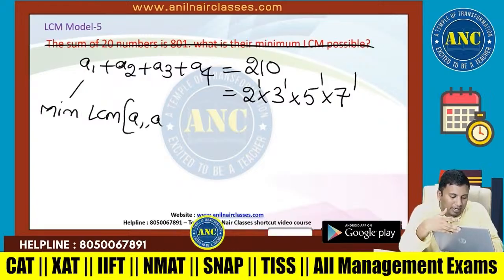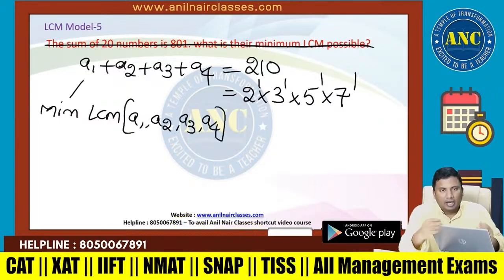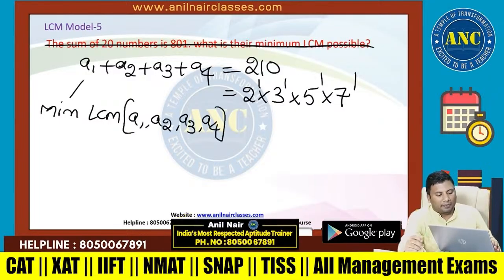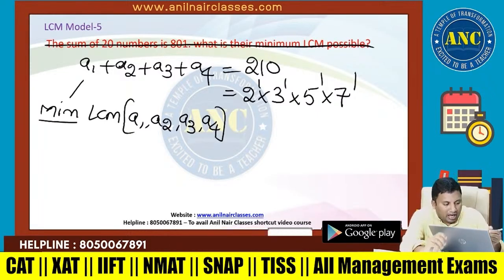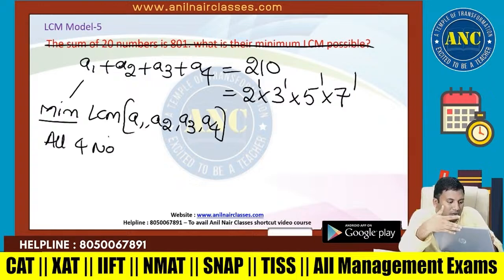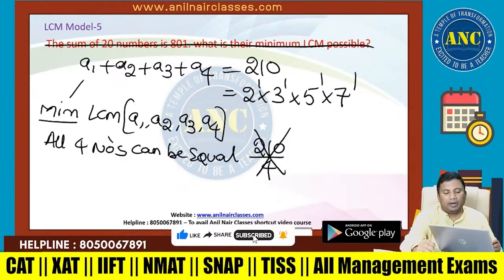I require the minimum LCM of A1, A2, A3, A4. To get the minimum LCM, there are two cases. First, all four numbers can be equal. But 210 is not divisible by 4.